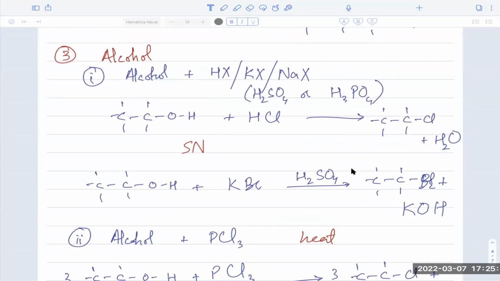So that's also possible: instead of getting two chlorine or two bromine, you also get one bromine and one OH. If you start with alcohol, then there are again multiple ways of using an alcohol to do nucleophilic substitution, and one method is to react alcohols with acids, and these acids will all obviously have halogen in them. And if they do, then they will substitute OH with Cl or Br or something, and you'll get water as a byproduct.